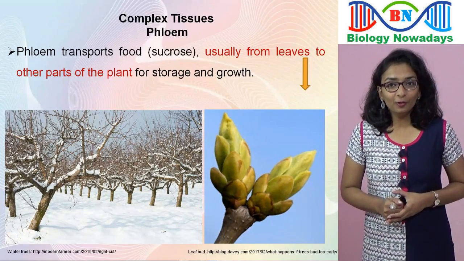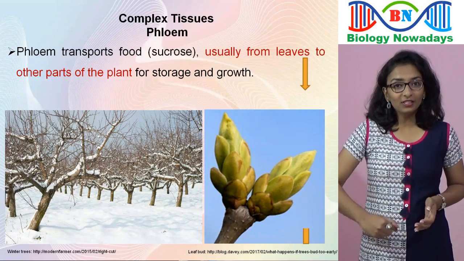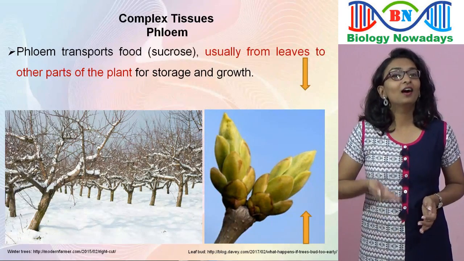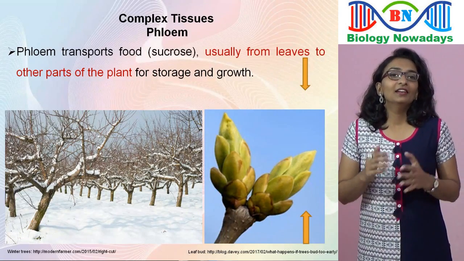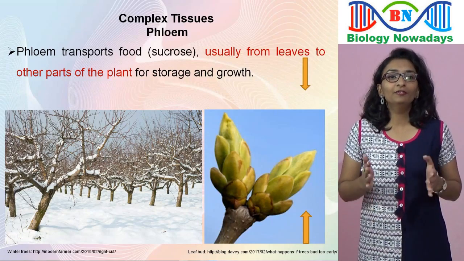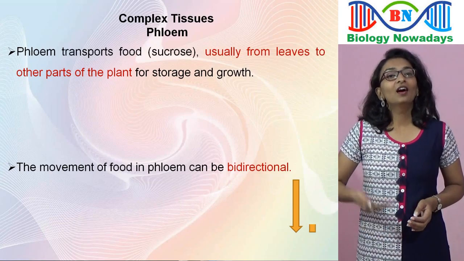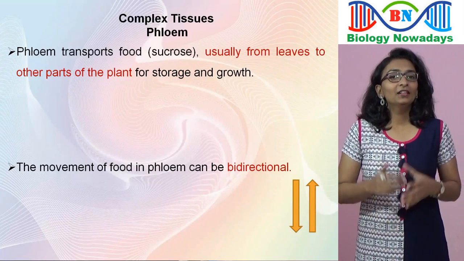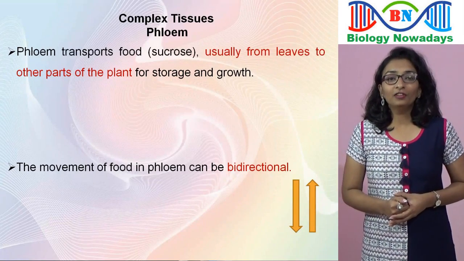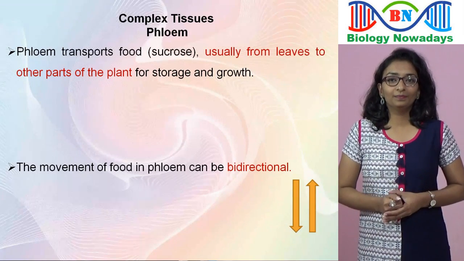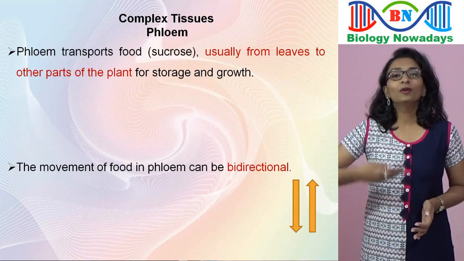Then, the food flow in phloem is from roots to leaves, that is, upwards. In short, the movement of food in phloem can be bidirectional, downwards or upwards. But in the case of xylem, the water flow is always unidirectional, that is, from roots to other plant parts.